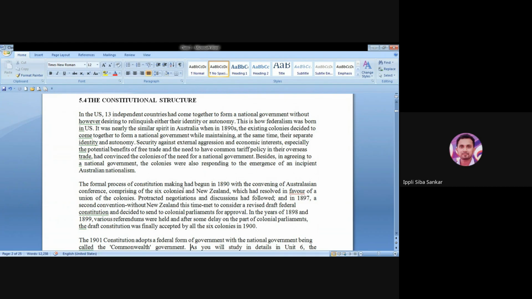These colonies also showed interest in making strong business and strong trade, with the agreement of the national government. The emergence of these things made the idea of Australian nationalism.